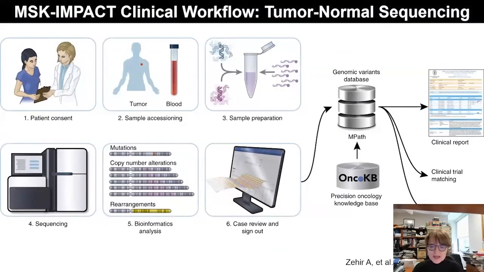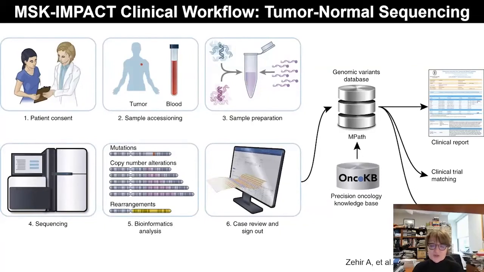Moving on to the second platform, which is MSK-IMPACT, which is a targeted DNA sequencing platform. And this slide here summarizes the workflow. First, the patient needs to be consented on an IRB protocol.